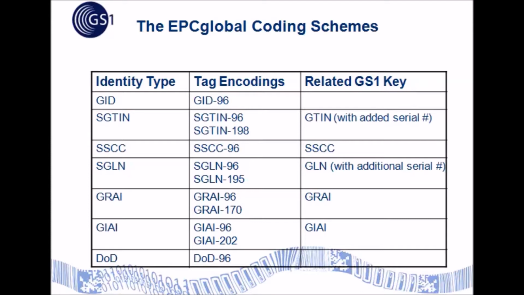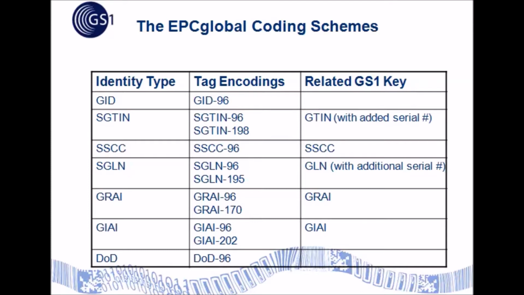For example, the identity type SGTIN, the serialized global trade item number, will have different tag encoding schemes, 96 bits or 198 bits.